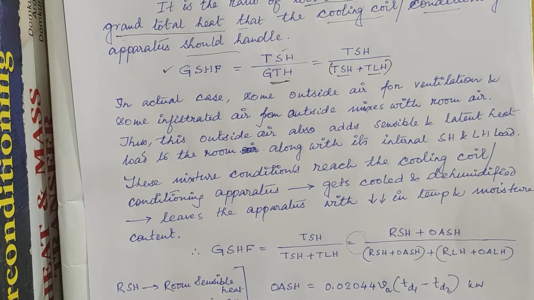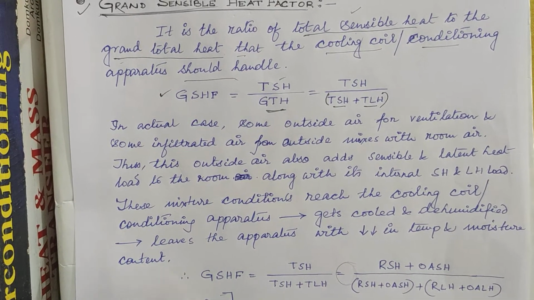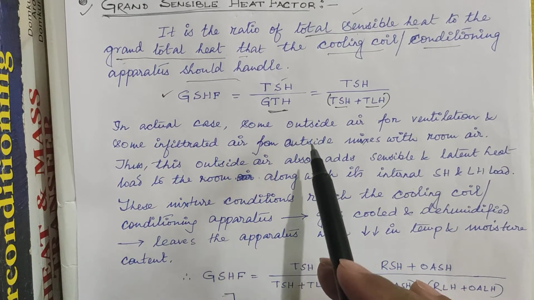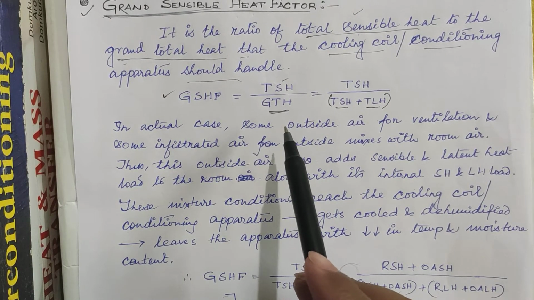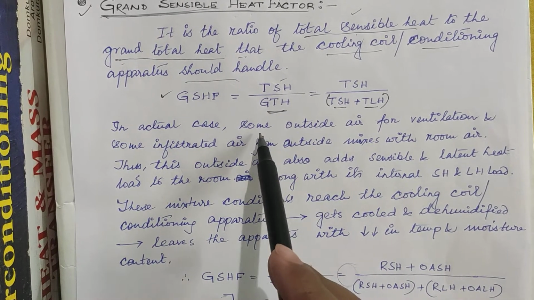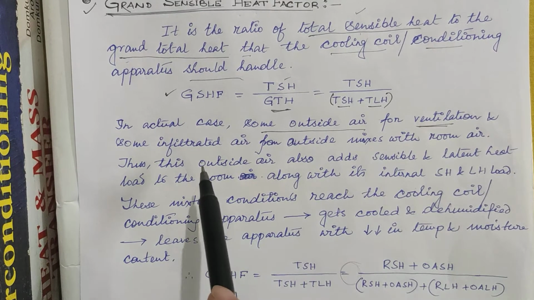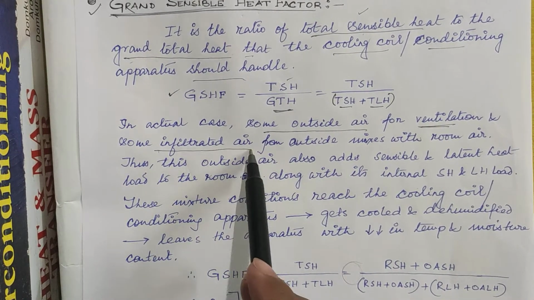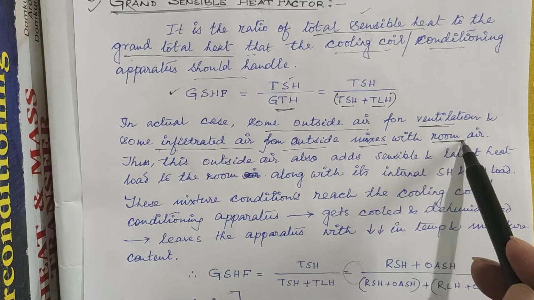Now if we consider the actual situation, what is actually done in the actual case? For perfect air conditioning and ventilation, as well as the air available in the room at the room design condition, we have to also supply some outside air for ventilation, and some infiltrated air from the outside is also mixed with the room air.